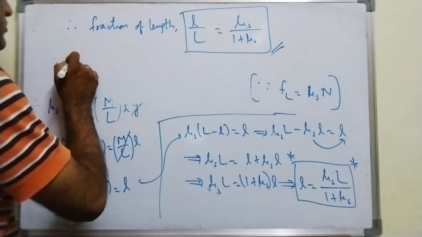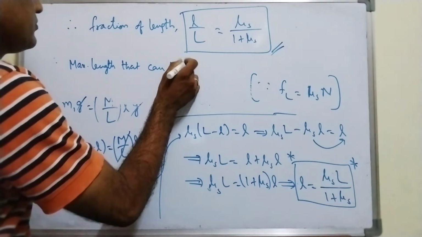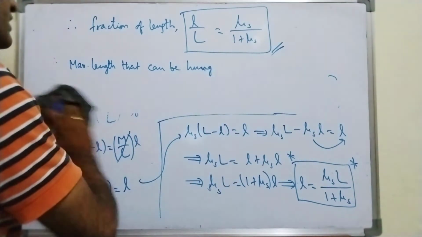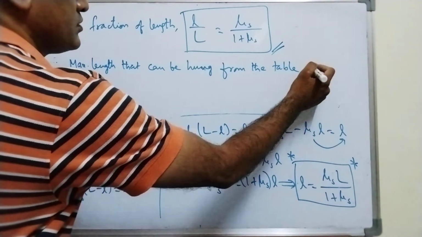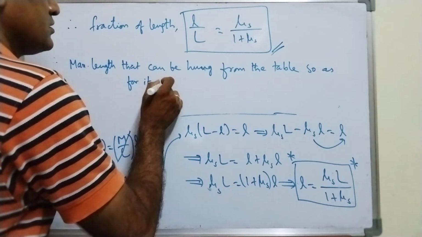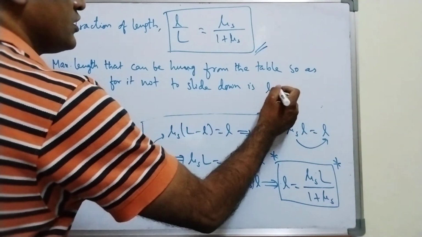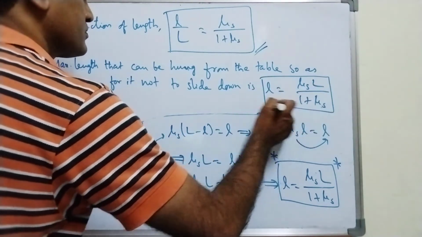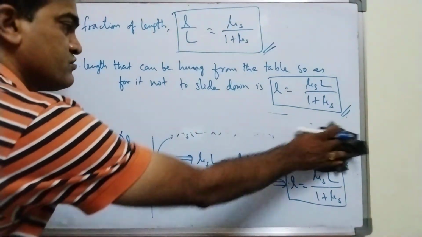Therefore I can write like this, the maximum length that can be hung from the table so as for it not to slide down is small l is equal to mu s into L by (1 plus mu s). Okay, so this is one important application.